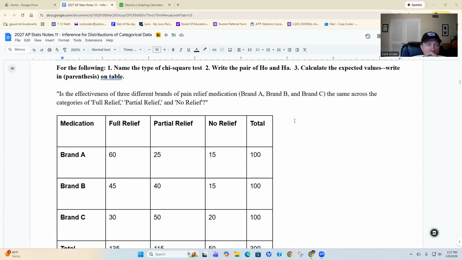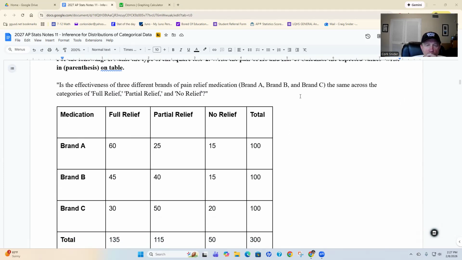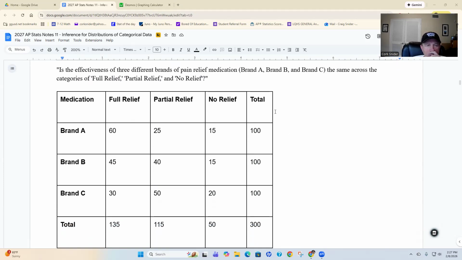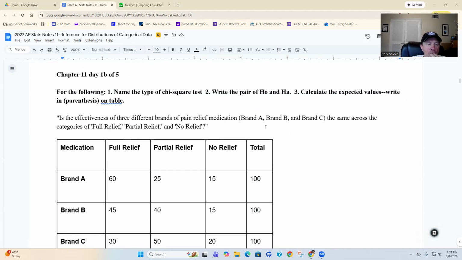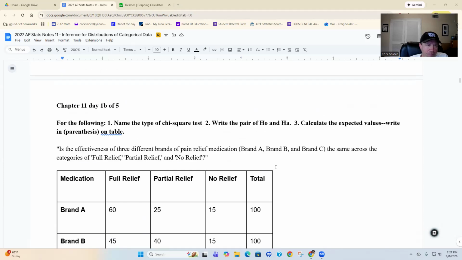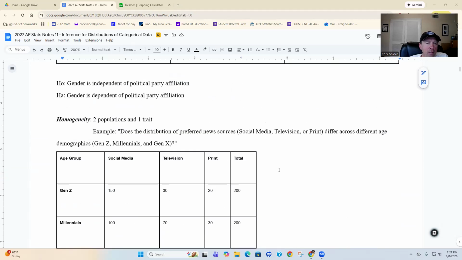All right. To me, this is one group doing something, having 2 traits, the brand and the relief. So this would probably be a chi-square test for independence.